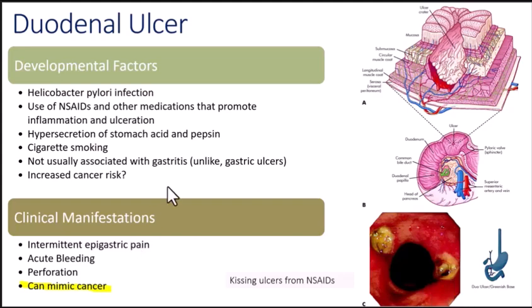So the symptoms of gastric ulcers and duodenal ulcers can be quite similar, in particular with the common pain that is felt in the epigastric region that's sort of intermittent. But a big difference to make note of is when the pain occurs. Pain from a gastric or stomach ulcer oftentimes occurs when the food is still in the stomach, so shortly after eating.